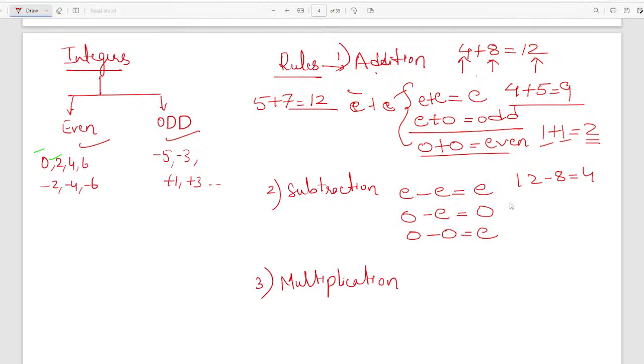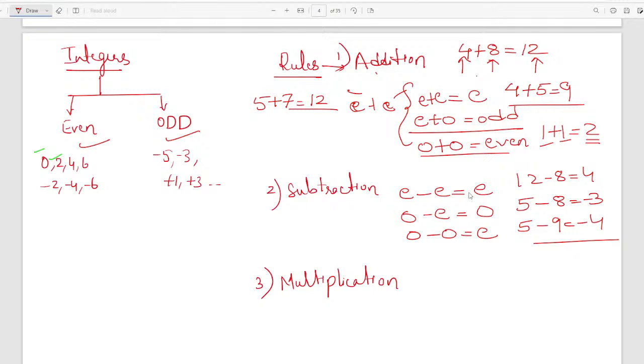Odd minus even, I can take odd as minus 5, even as 8. This is equal to minus 13. So odd number minus even number is odd number. Odd number minus odd number is even. Minus 5 minus odd number minus 9 is equal to 4. This is an even number.